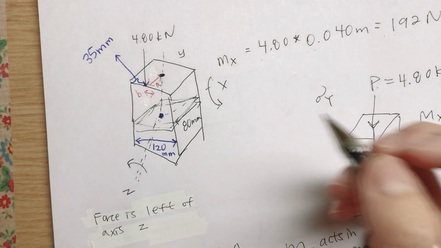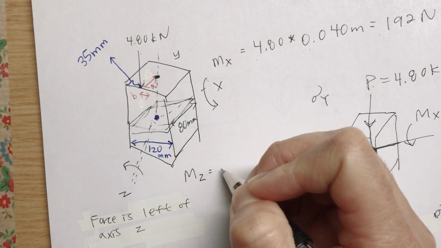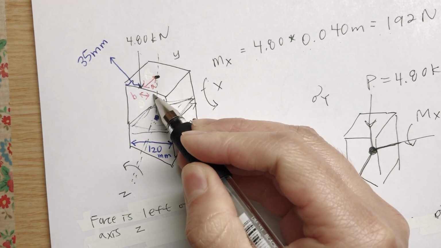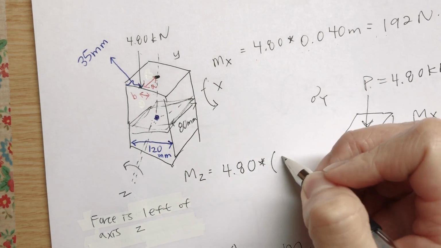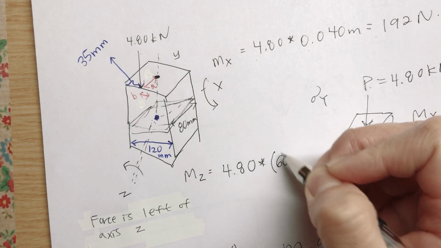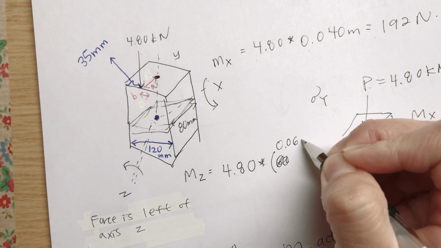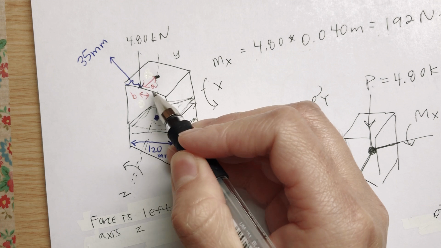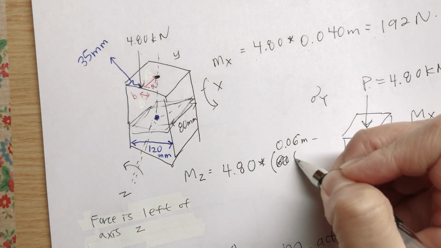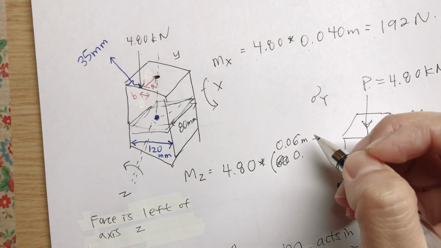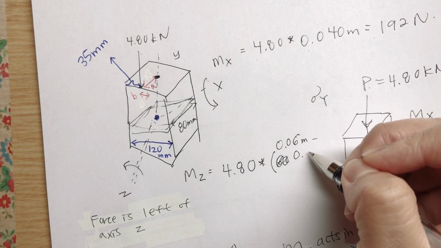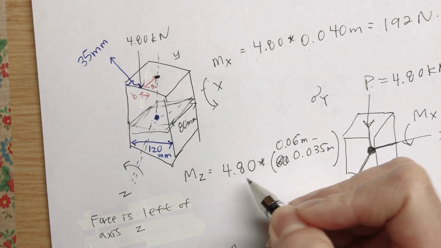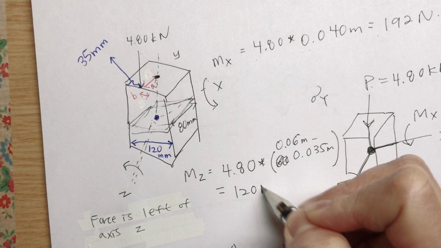So mz is equal to 4.80 times 60, half of 120, so 0.06 meters, minus 35, gives you this B here. That will give you 120 Newton meters.